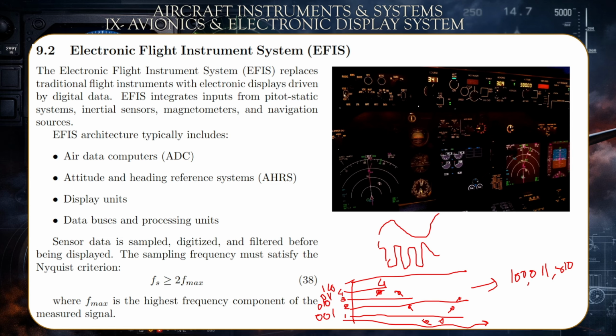Then 1, 001, then it goes up again, 001. Then 2, 010, and 3, 011. When that sequence is read by the computer, it can understand the level of the temperature at each moment and display it on the screen.